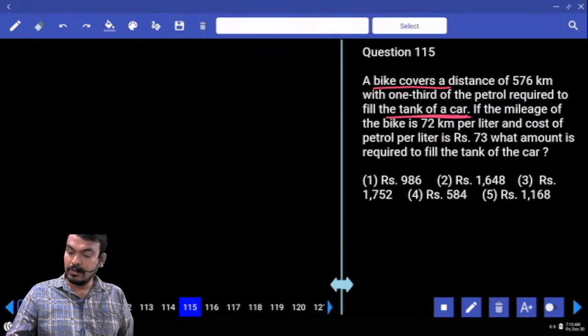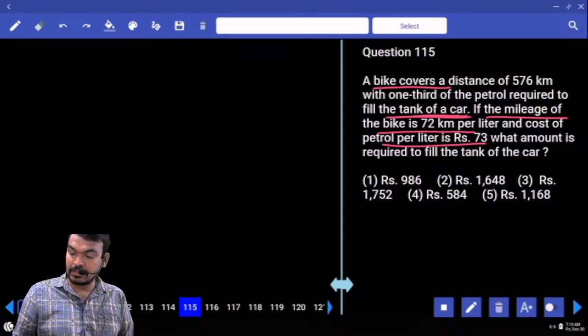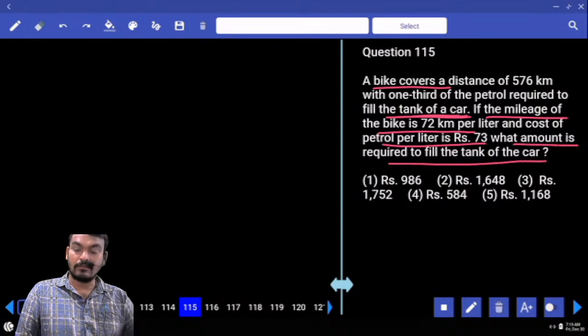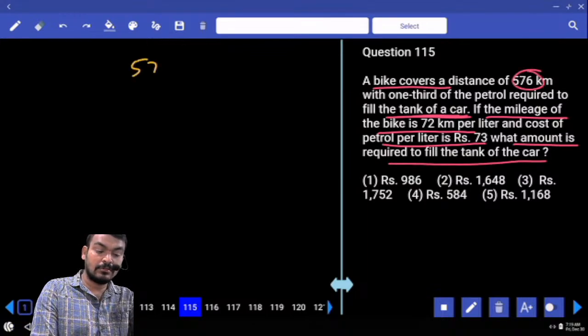If the mileage of the bike is 72 kilometers per liter, and the cost of petrol per liter is 73, what is the amount required to fill the tank of the car? First, the bike covered 576 kilometers.